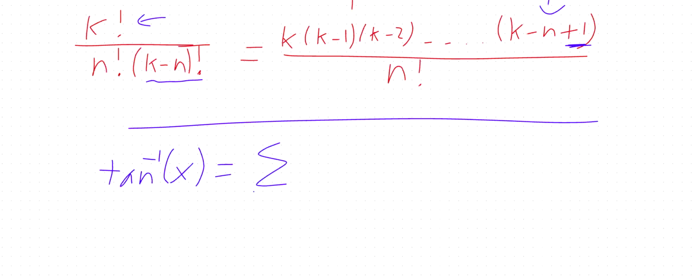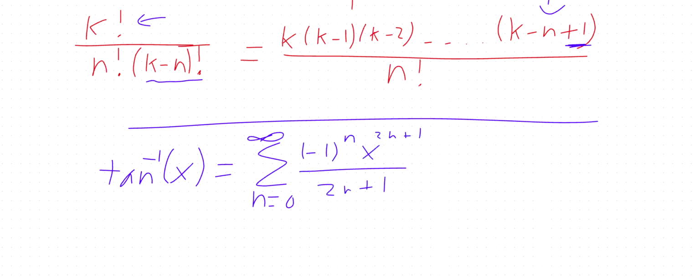It's the sum from n equals 0 to infinity of -1 to the n, over n plus 1. Be careful, this bottom no longer has the factorial with it.